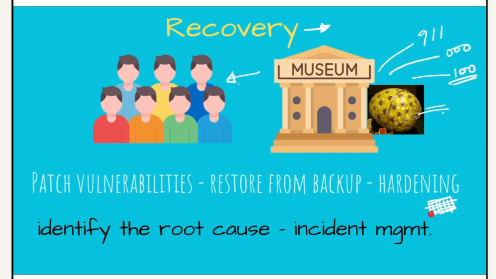Then this laptop wants to be used again, so if there is a hardware vulnerability or software vulnerability, then you're going to apply the patch so that nobody else can try that again. Also, if your operating system is damaged because of the virus, then you want to restore with a clean image.